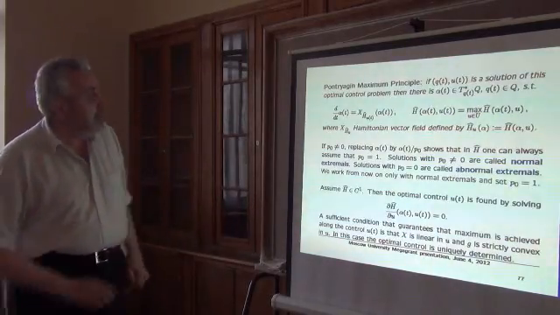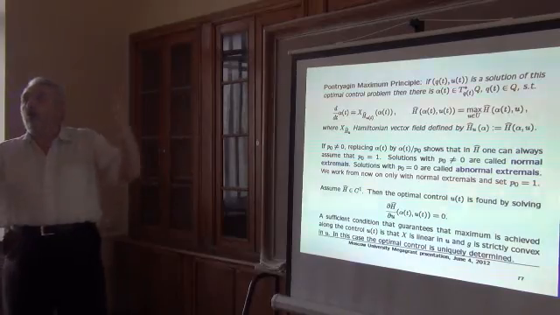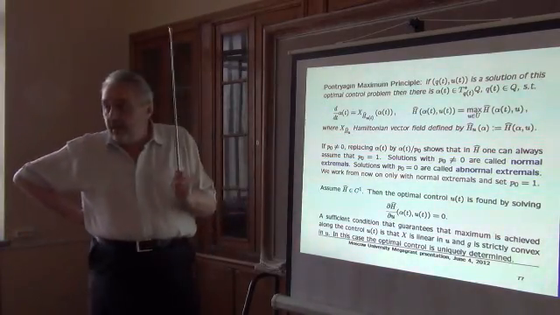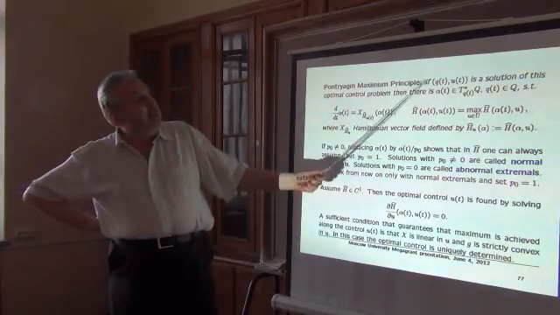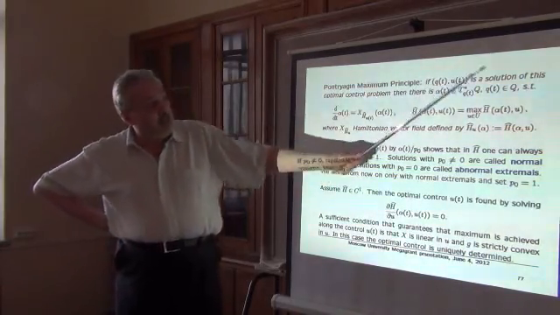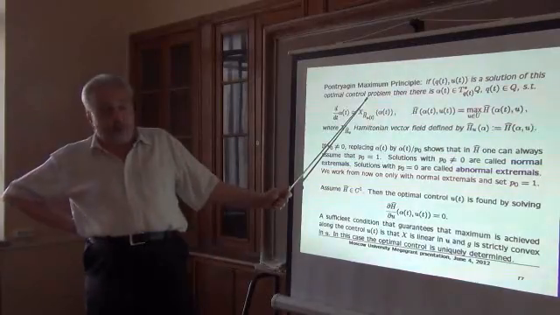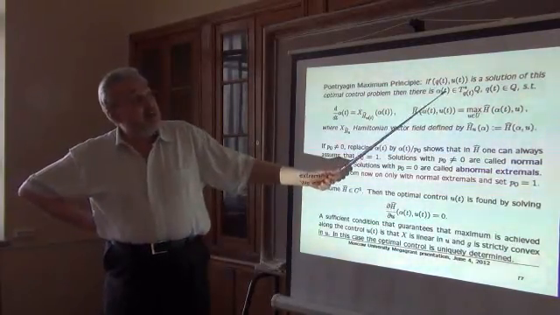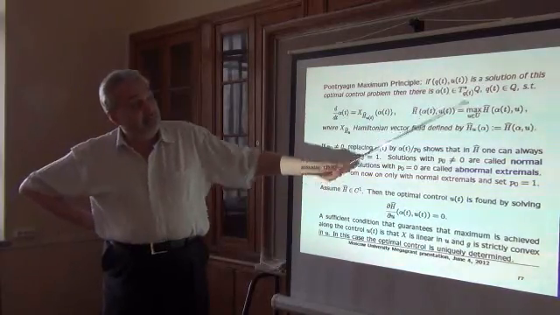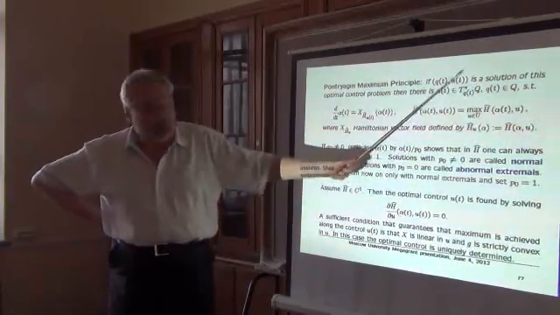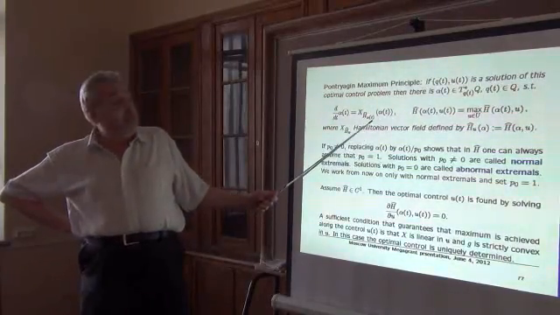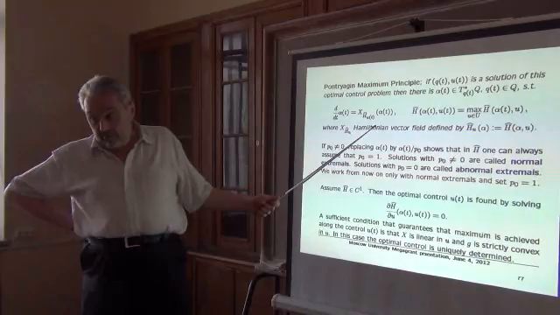Then he proves what is the holy Pontryagin maximum principle, right? He says the following thing. Watch this. This is fantastic. If Q of t, U of t is a solution of this optimal control problem, then there is a solution alpha t in the phase space, the state system of Q, of this Hamiltonian system that depends on a parameter U, right?